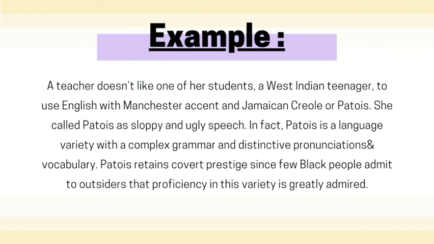In fact, the Patois, the Jamaican Creole, is a language variety with a complex grammar, distinctive pronunciations, and distinctive vocabulary. The Patois retains covert prestige since few black people admit to outsiders that proficiency in this variety is greatly admired.